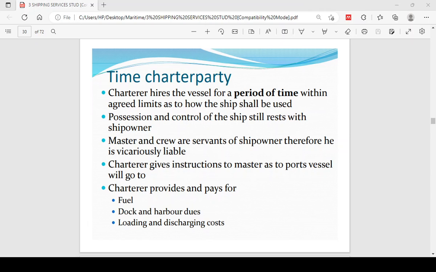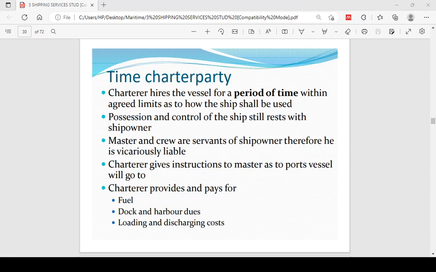Now the possession and control of the ship still rests with the ship owner. The owner still owns the ship. The owner still possesses the ship. The owner still determines to a certain degree how the ship is going to be used. Therefore, the master and crew are still the servants of the ship owner. And therefore, if they commit anything or they omit to do something, it is the ship owner who will be held liable.